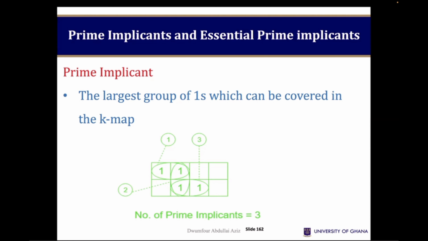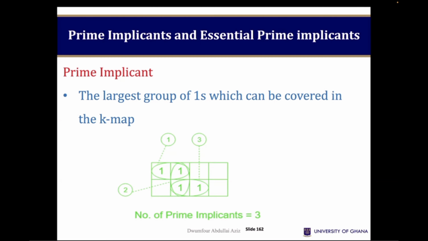What is the largest possible group of ones? It's 2. The largest possible group is a group of 2 ones. Right? That's the largest possible group.